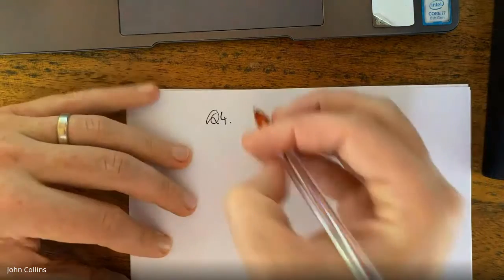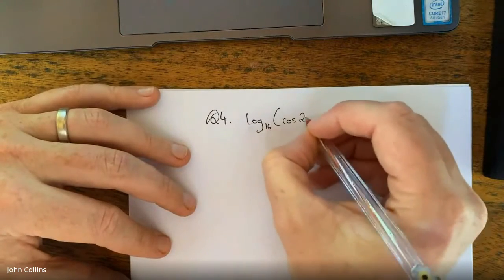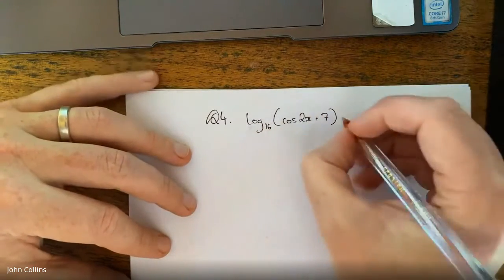Question 4. Show that. All right, Sean, were you able to show that for question 4, the log 16? Yes. Okay, so Tamara, I presume this one confused you or you didn't quite get to it?